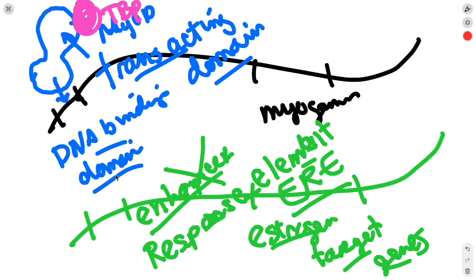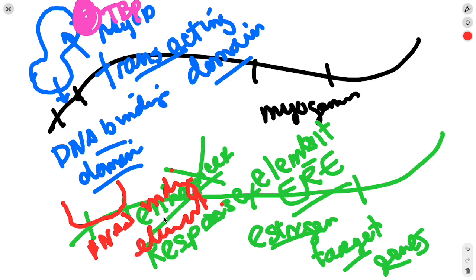So here's the estrogen receptor, and the estrogen receptor has a DNA binding domain. That's what's going to bind to the response element. Then it's going to have a trans-acting domain. It's going to somehow regulate that.